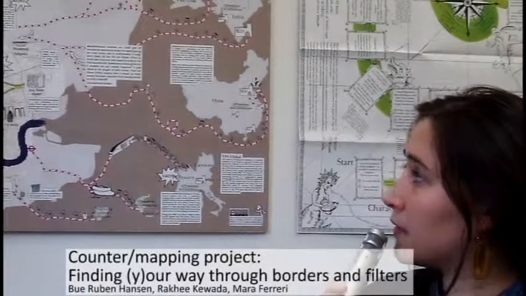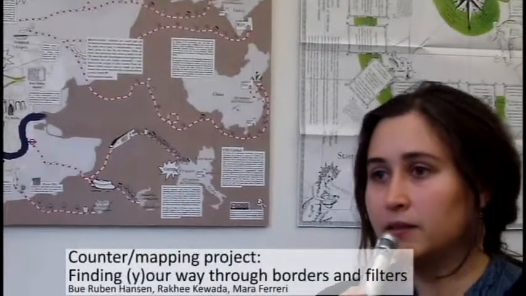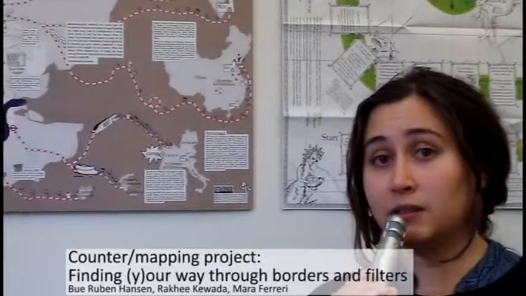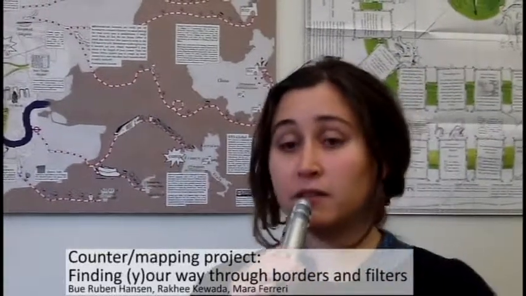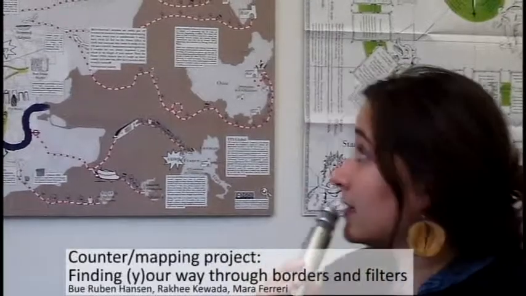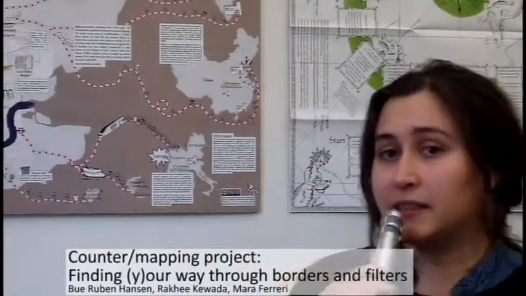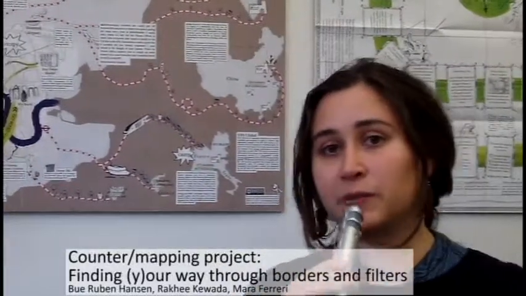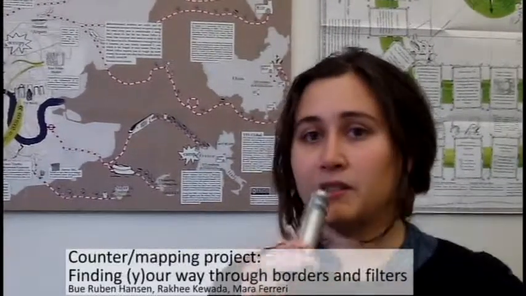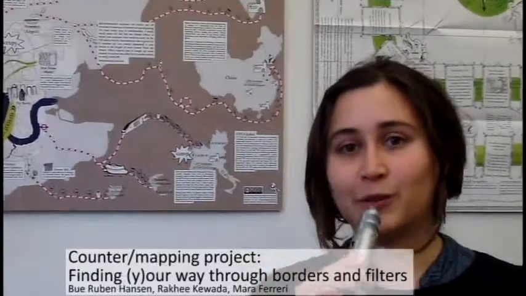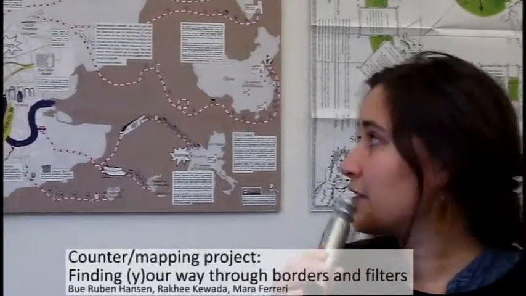So it's both a counter map in the way these facts which are available are made available for a wider audience, but it's also how they're represented. And in that sense, this aesthetic is very much trying to undo the way we normally represent and perceive campuses or positions or universities or nations.